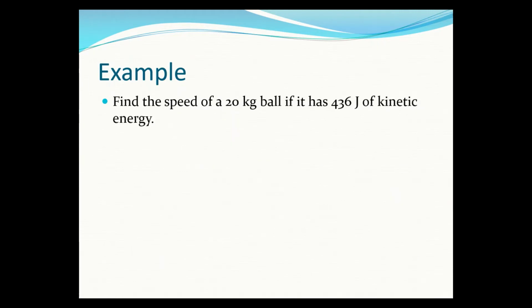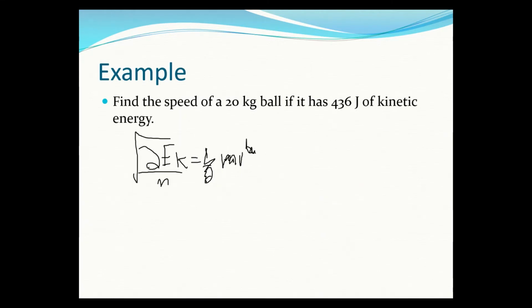Right, and we might have to rearrange it. Find the speed of a 20 kilogram ball if it has 436 joules of kinetic energy. Again, we can use EK equals 1/2 mv squared. Move our 2 up top there, move our mass down below, and square root it.